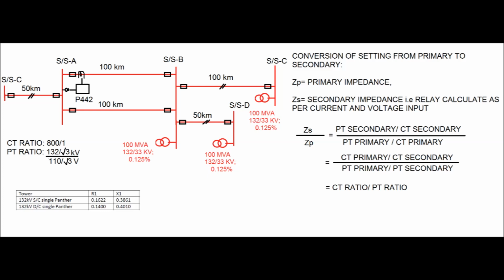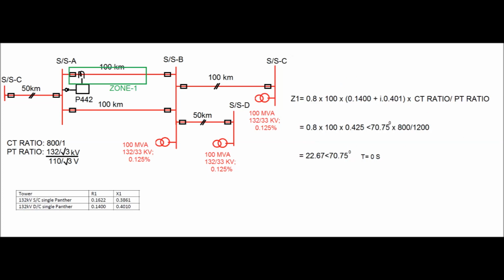Now Z is equal to V by I. For ZS it is equal to PT secondary voltage divided by CT secondary current, and for ZP it is equal to PT primary voltage divided by CT primary current. By simplifying it, we get ZS by ZP equal to CT ratio by PT ratio. That is, if we multiply any primary value of impedance by CT ratio divided by PT ratio, we will get the value of the impedance in secondary.